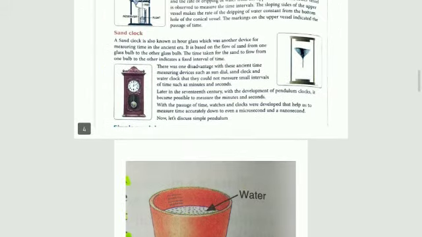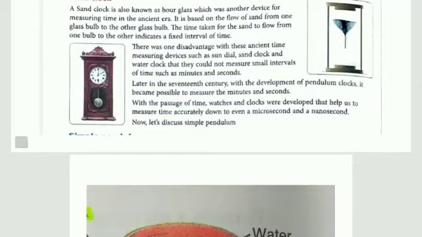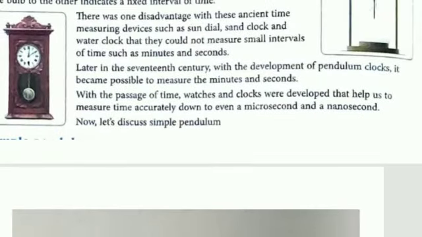Now come to pendulum. There was one disadvantage with these ancient time measuring devices such as sundial, sand clock and water clock, that they could not measure small intervals of time such as minutes and seconds.